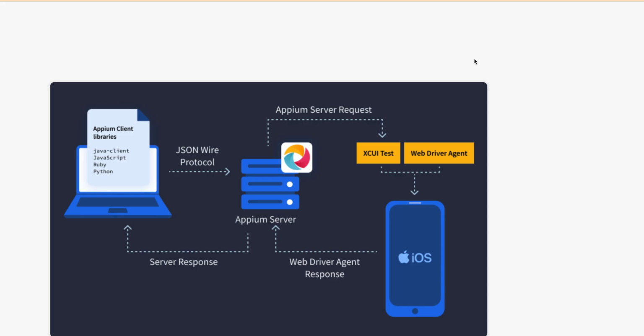Using the Apple XCUITest API, the WebDriver agent app interprets the command and translates it into a mobile-friendly manner. The device and simulator can use the WebDriver agent app to communicate the results of the executed command back to the Appium server. The driver responds, and now the Appium server delivers this response to the client.